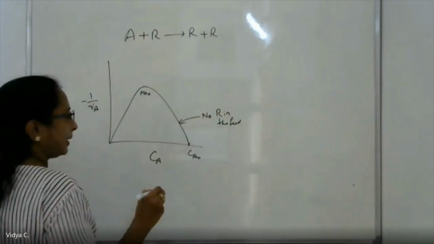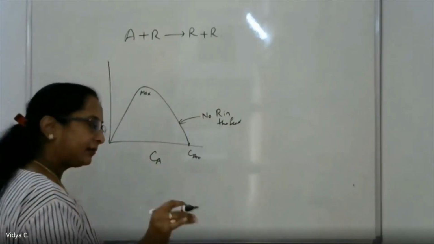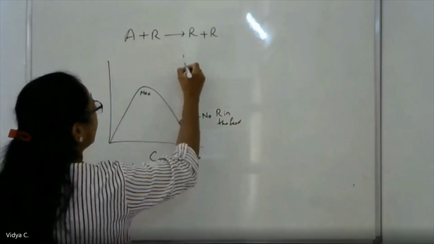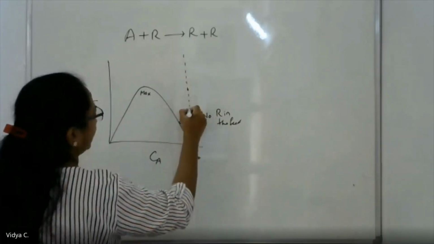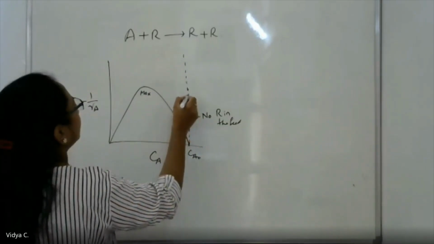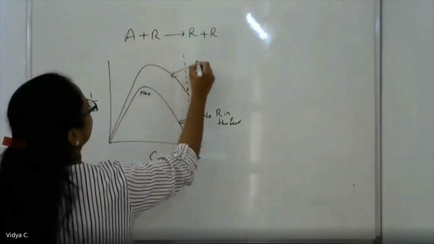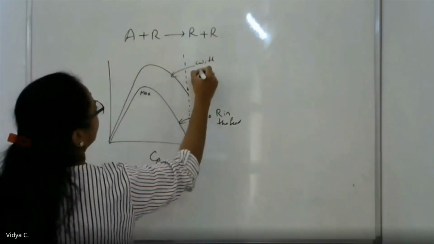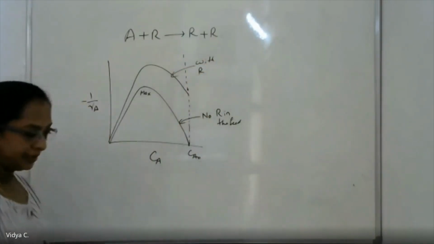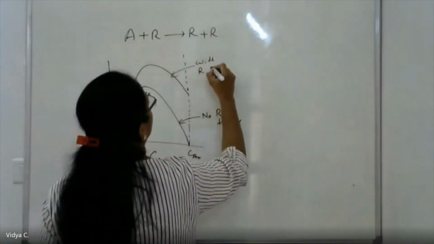Now what happens if I take a little R already present before starting the reaction? If some R is initially present, then the reaction will be somewhere like this, with R in the feed.